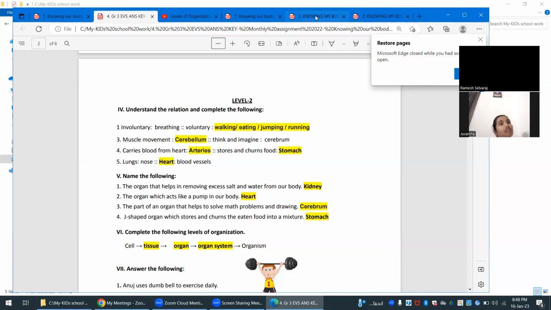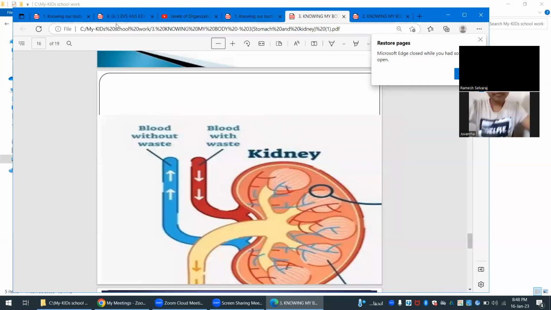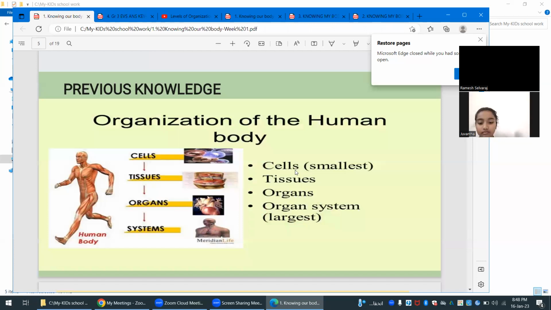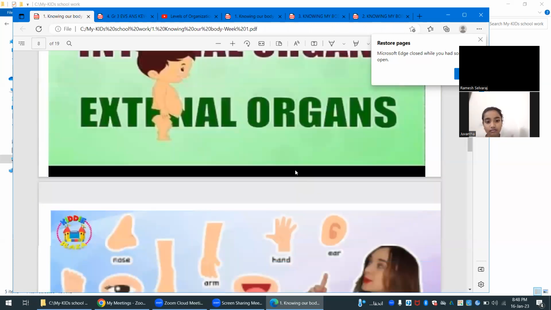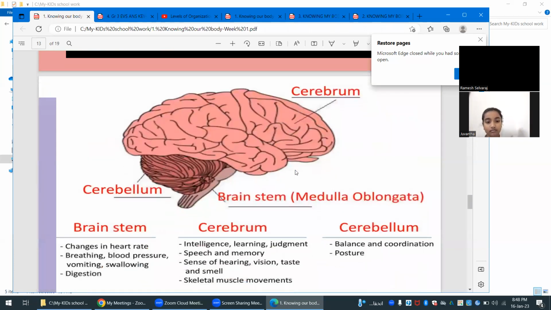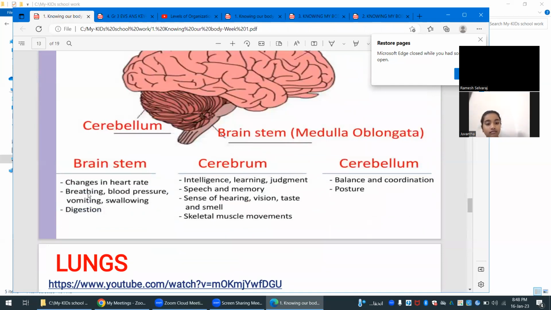Mostly involuntary actions are controlled there. See, breathing is involuntary. And vomiting, swallowing? Vomiting is involuntary. When we want to stop vomiting, it's automatic.